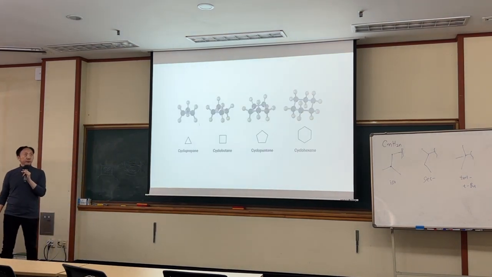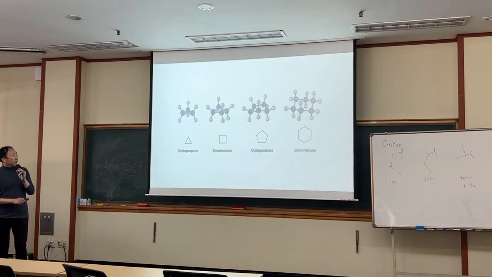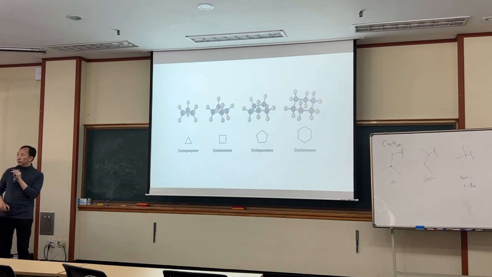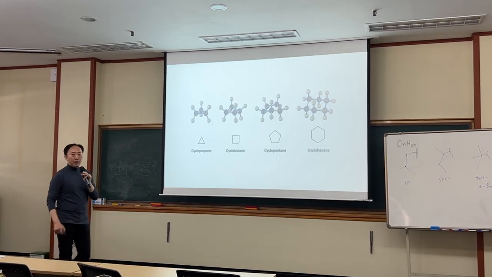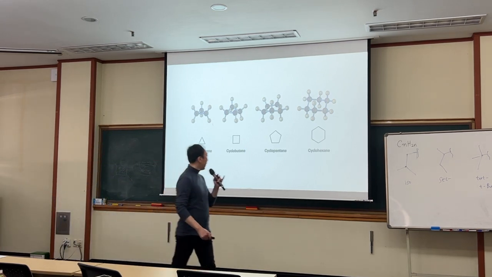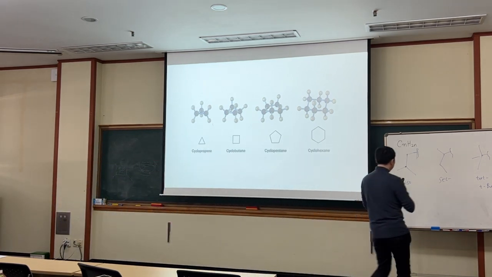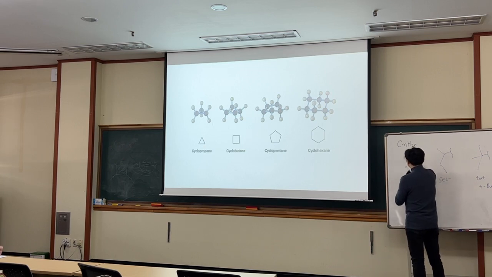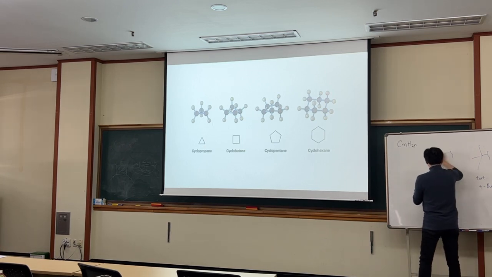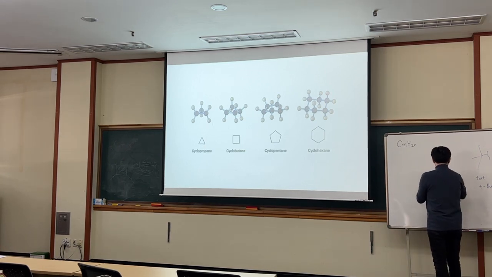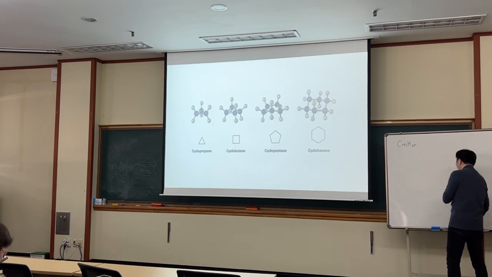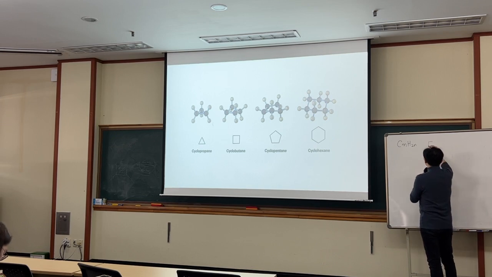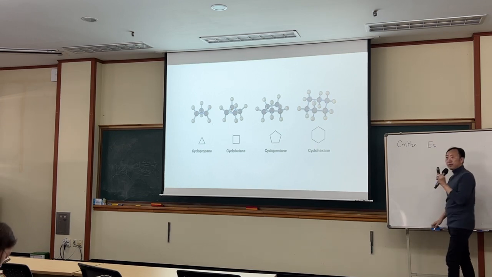Now, naming. Now, if it has this kind of ring, 3 cyclopropane, 4 cyclobutane, 5 cyclopentane, 6 cyclohexane. And for the abbreviation, for ethyl group, we say Et, ethyl.